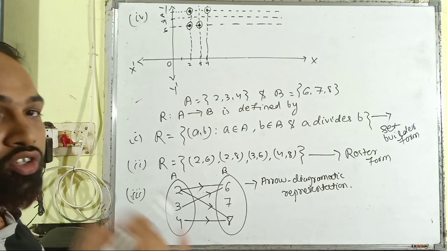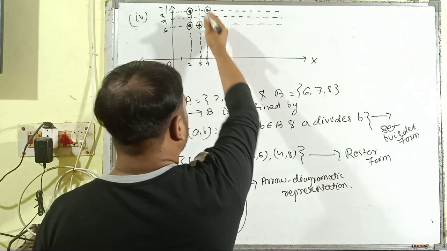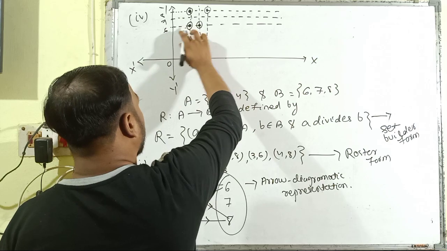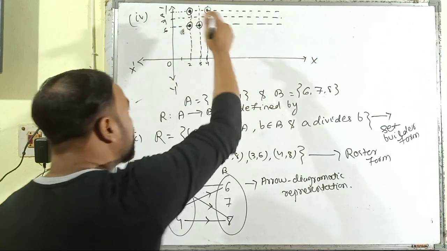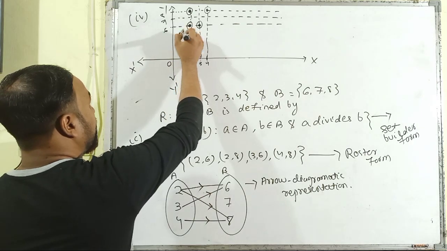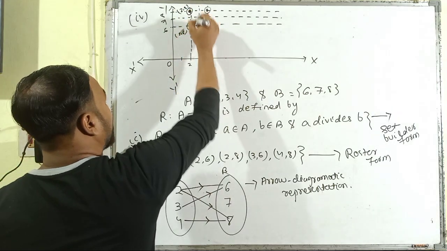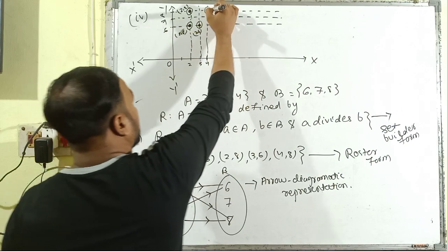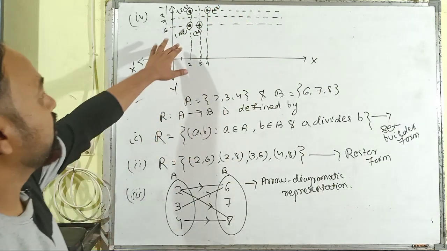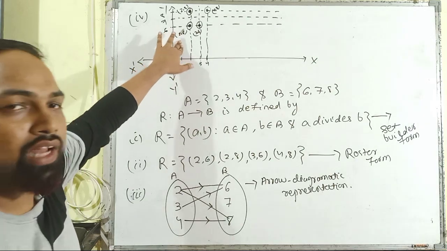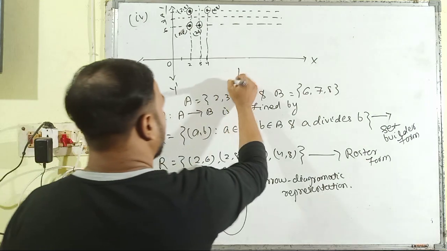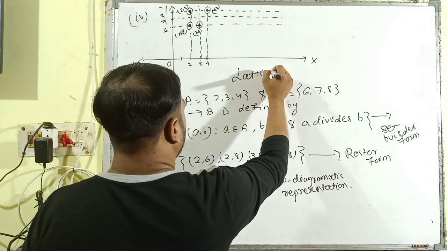You may name the dots P, Q, R, S. These dots represent (2, 6), (2, 8), (3, 6), (4, 8). So the dots present in the xy plane are the representation of the relation in the lattice form.